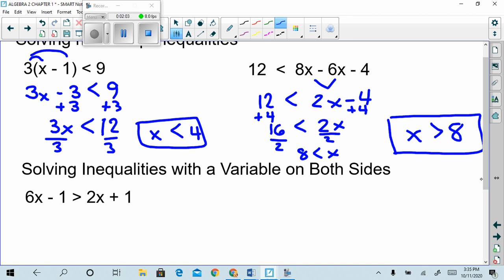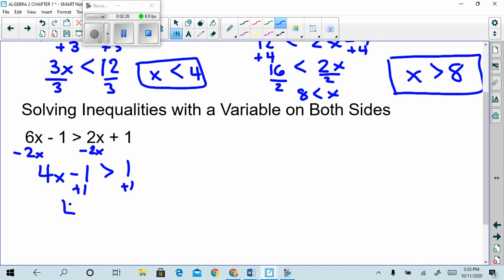In the third problem, we see that we have variables on both sides of the inequality symbol. So we'll collect them to one side. We'll subtract 2x on both sides. That leaves me with 4x minus 1 is greater than 1. We'll now add 1 to both sides.